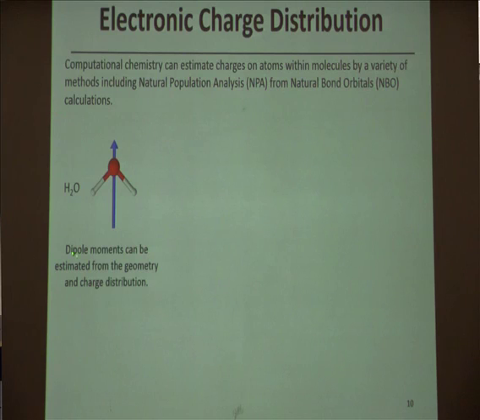I started out with a water molecule here. As the water molecule is optimized, we're able to get a dipole moment directly based on the charge distribution. Not surprisingly, we find that water has a polar structure, where we have a negative end by the oxygen and a positive end by these hydrogens, and a dipole moment in this direction.